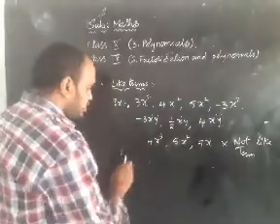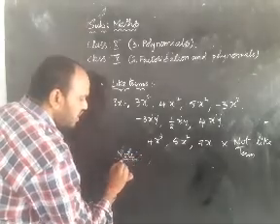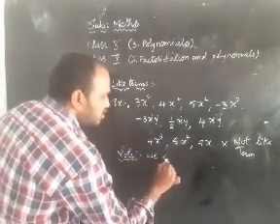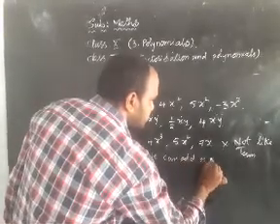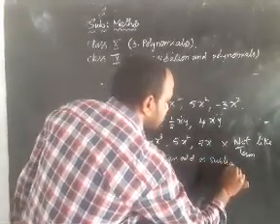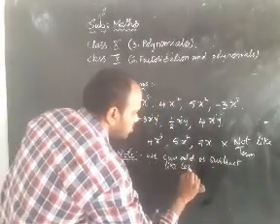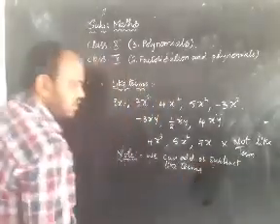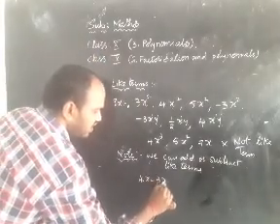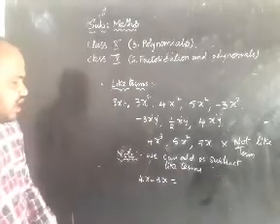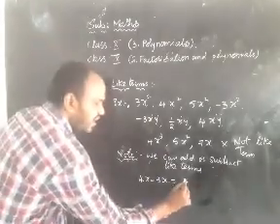Note that we can add or subtract like terms. For example, 4x minus 3x. The answer will be x.